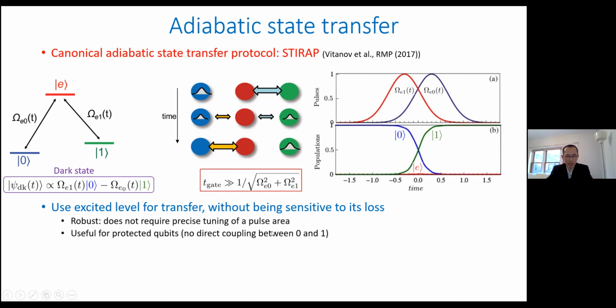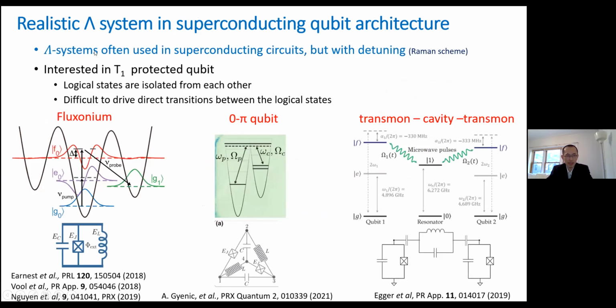Okay, before we address this challenge, let us see how we can find this kind of lambda system. This lambda system can be engineered in different kinds of superconducting qubits, for example, in fluxoniums, 0-pi qubits, or transmon-cavity-transmon systems.